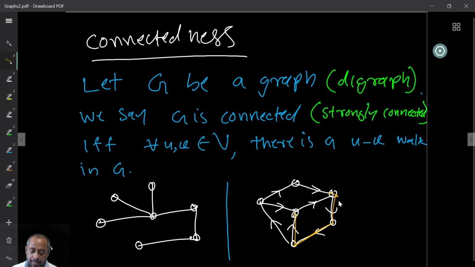I can go all the way back here. So this is possible, and if you verify all this manually for any two vertices, then we can convince ourselves that this is actually a strongly connected digraph. When we say it is a graph, we say connected, and otherwise we say it is strongly connected in the case of digraphs.